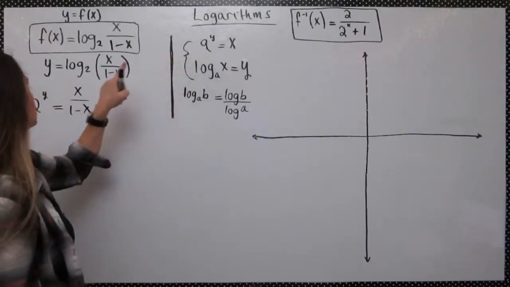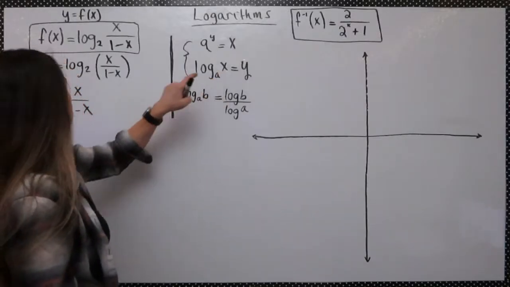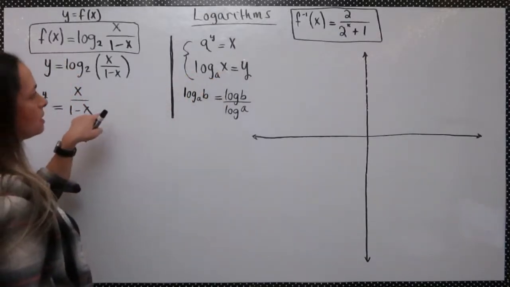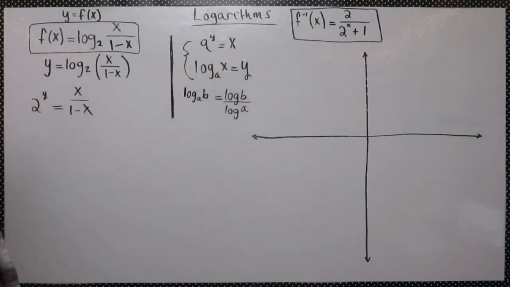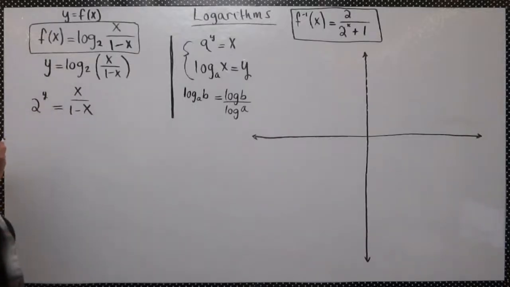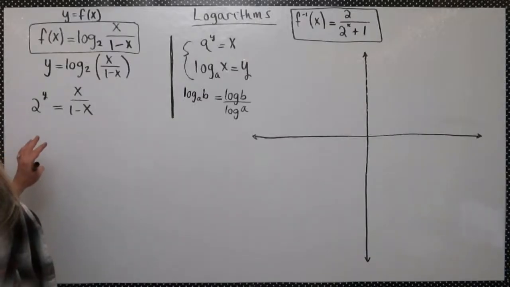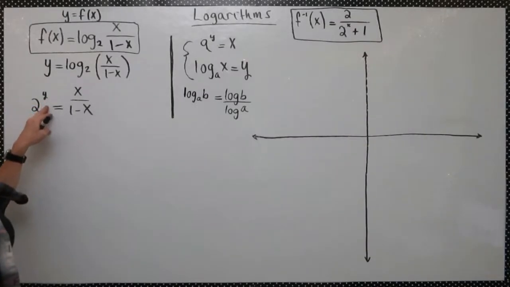So A is 2, X is just that expression and Y is just 1. Okay. And then what we're trying to do is solve for Y.